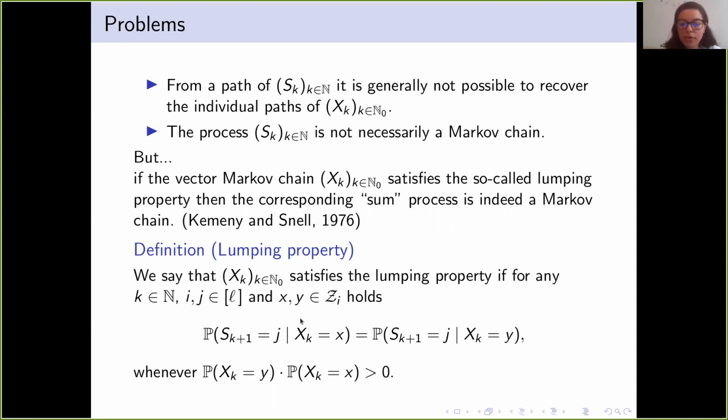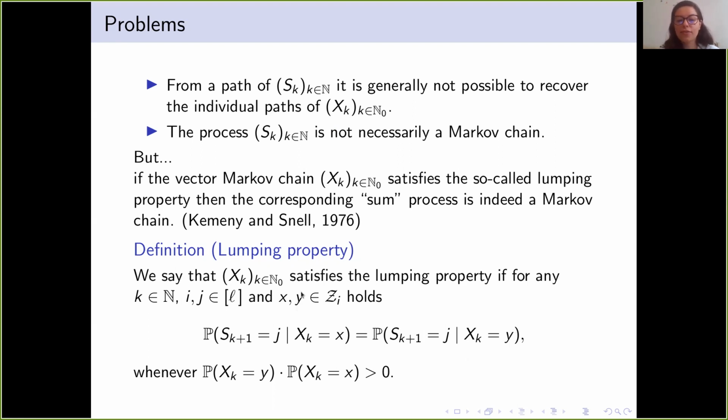If I choose two vectors in this space such that the number of ones of X and Y are exactly equal to I, then the probability, if I know that at time K I have this vector X, and I want to calculate the probability that at time K plus 1 the sum is equal to J, this probability is going to be the same independently of which vector I choose here.